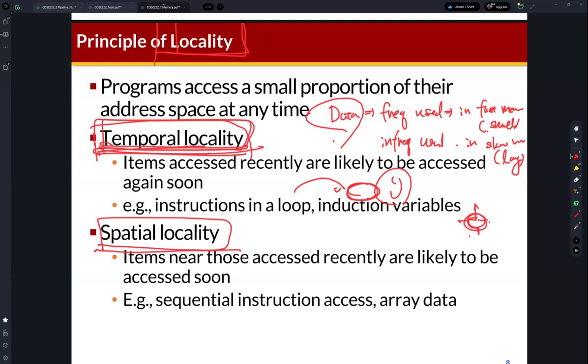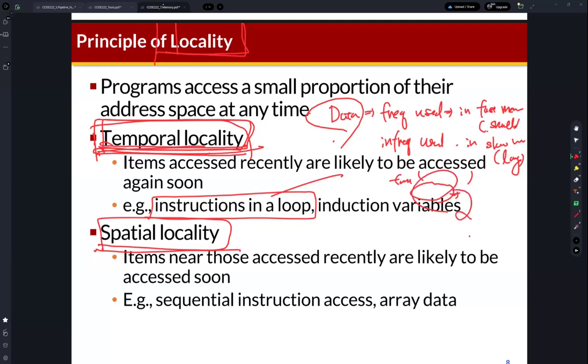So what are examples of temporal locality in a computer system? Instructions in a loop. For example, you can find the for loop here, right? Inside the for loop, there can be multiple statements. These are instructions. What can you observe?